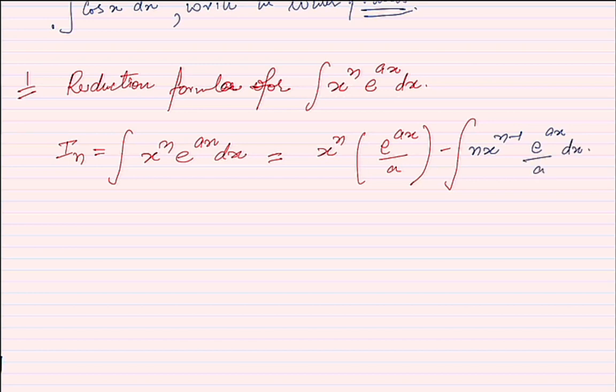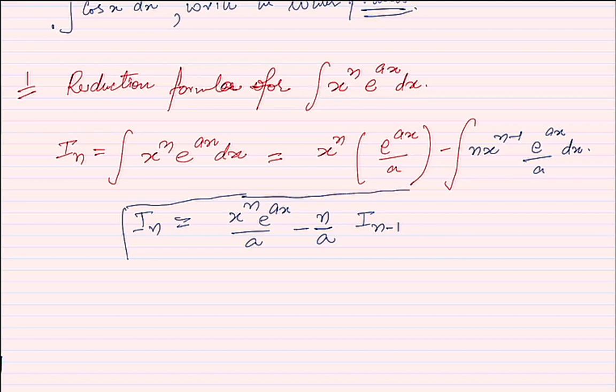Okay, so what do you get here? You get x raised to power n e raised to power ax upon a, minus n upon a, and the remaining integral is, if you can see, I_(n minus 1). So this formula is the reduction or recursive formula for I_n.